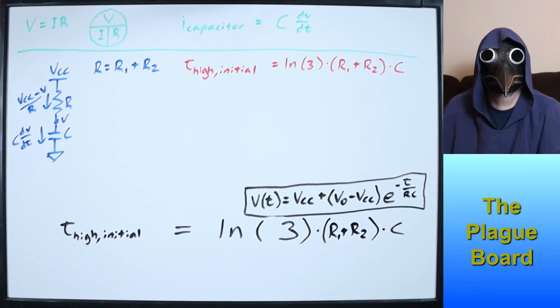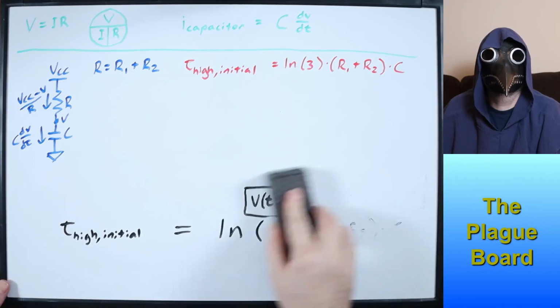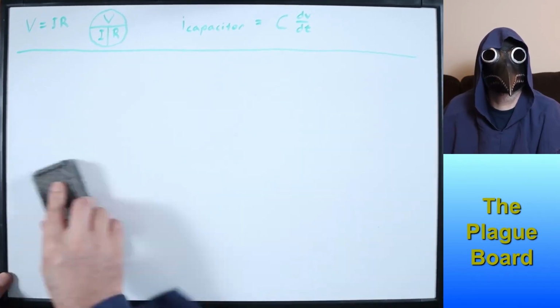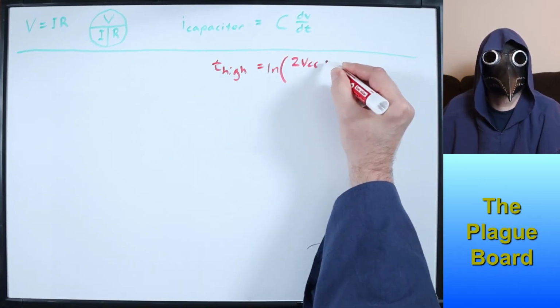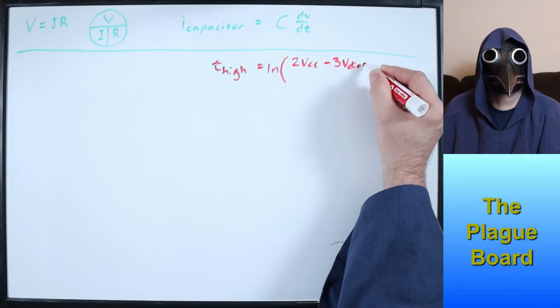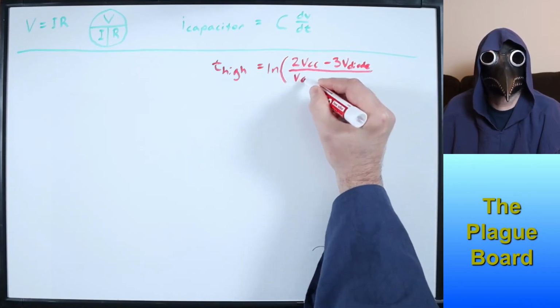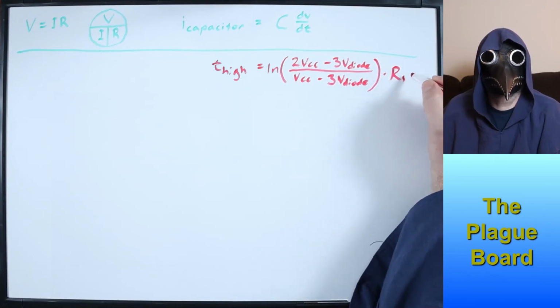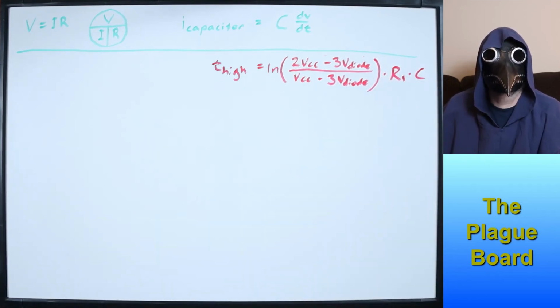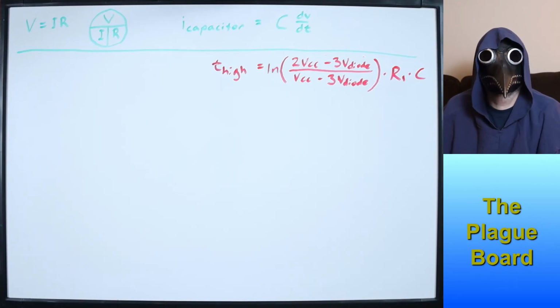Perfect. Now let's move on to the last formula that we'll derive in this video, which is the time high for the diode version. That time high was equal to the natural log of 2 VCC minus 3 times the diode voltage over VCC minus 3 times the diode voltage times R1 times C. So, the circuit for this will look much the same as for the standard time high, except instead of R1 and R2 in series, R2 will be bypassed with a diode.